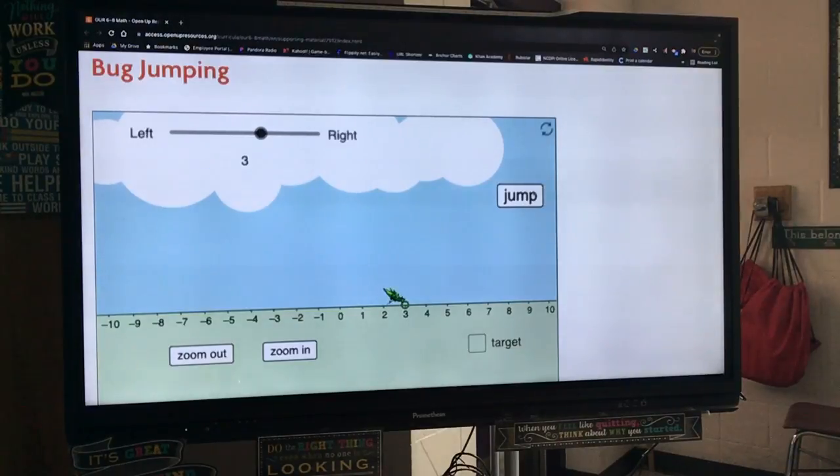Alright, the next one, D, it says if the flea jumps 7 units and lands on 0, where could it have started? So if it jumps 7 and lands on 0, where could it have started? So go ahead and write that down. State it when you have it.